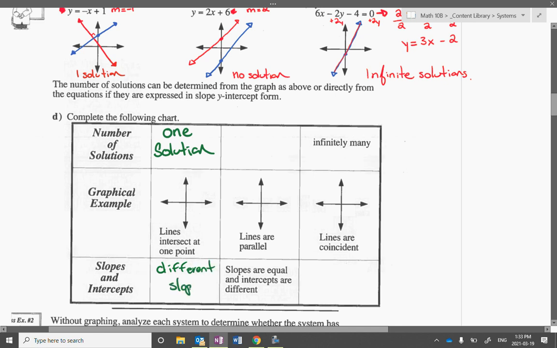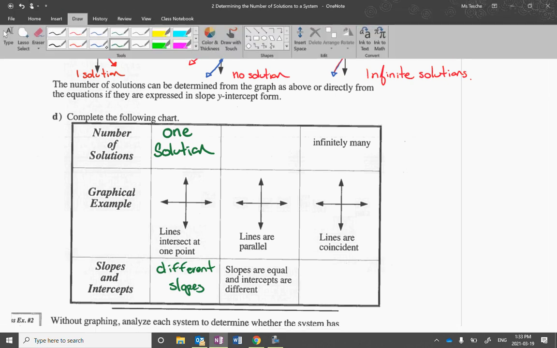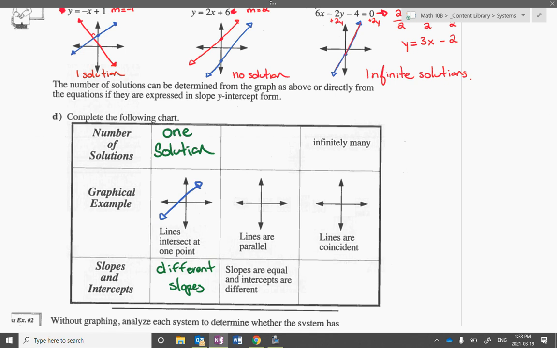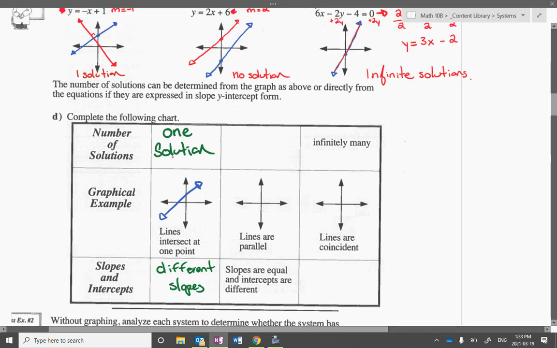That's the only way I'm going to get 2 lines that cross. They don't necessarily have to be parallel slopes. They just have to be different, though. So if I have a line like this, my second line could be like a very gradual slope like that. They're still only going to cross once.